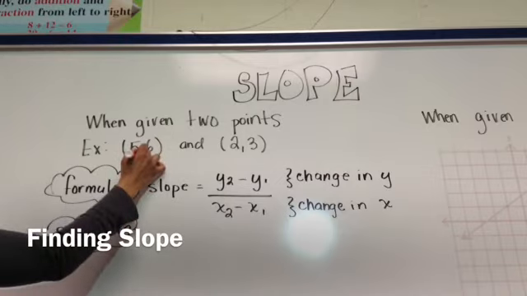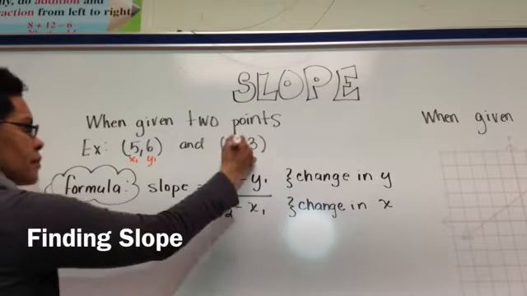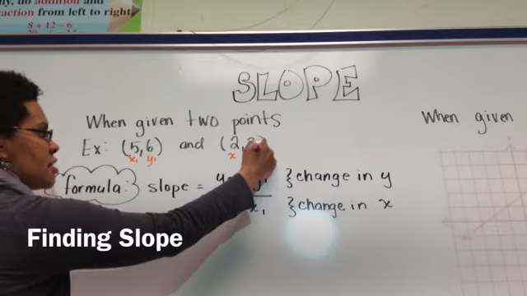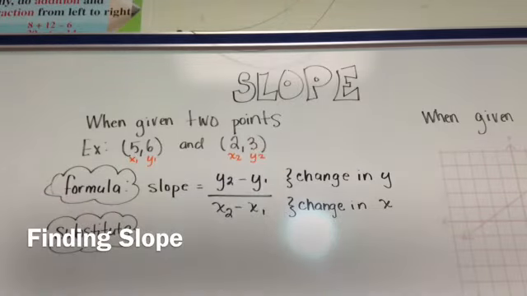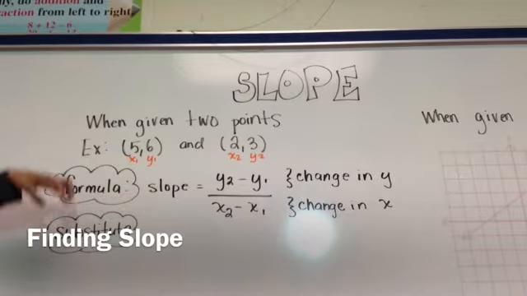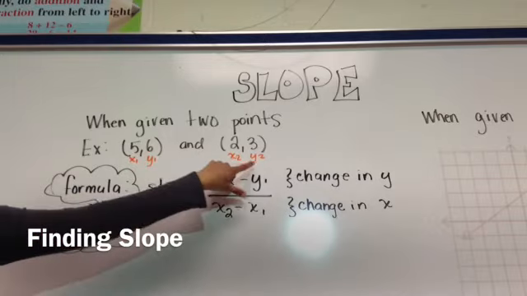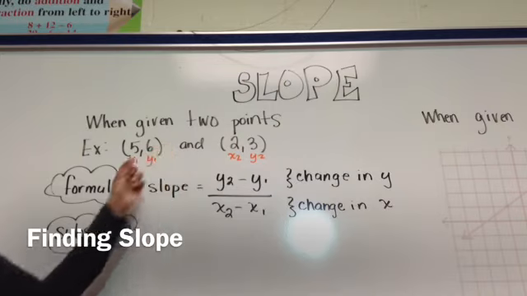And since this is your first ordered pair, this is going to be x1, y1. Please label them. And since this is your second ordered pair, that's going to be x2, y2. If you haven't done so, go ahead and label both. And now I'm just going to substitute. I'm just going to drop in these values for these variables.